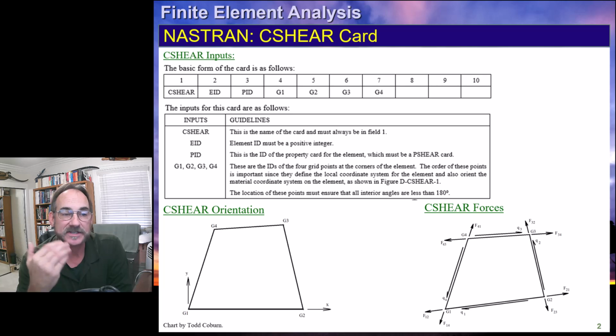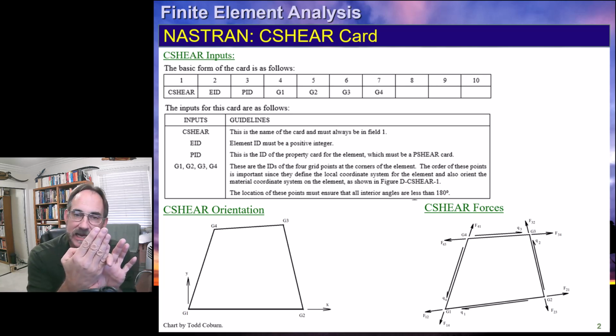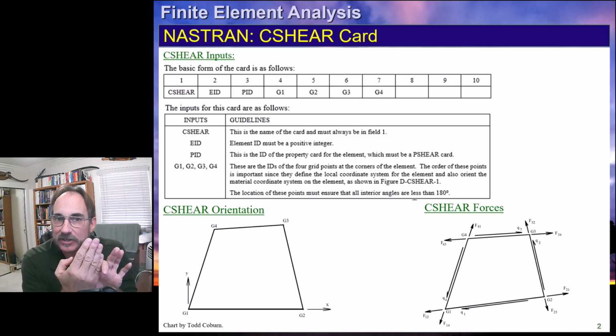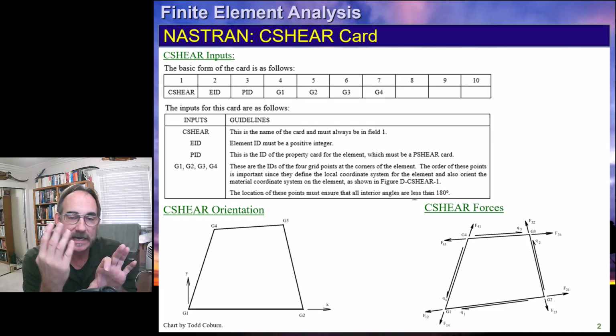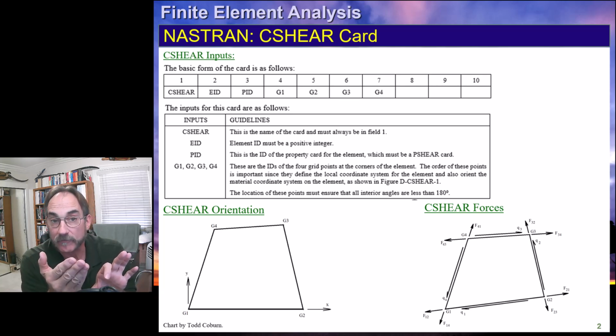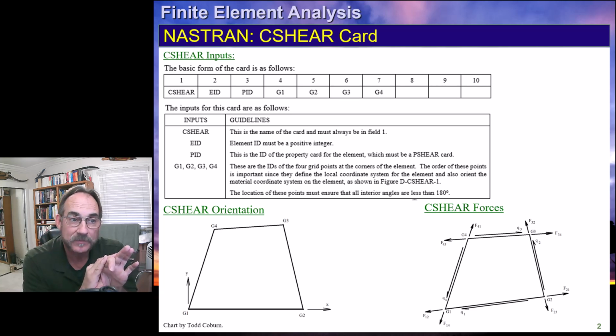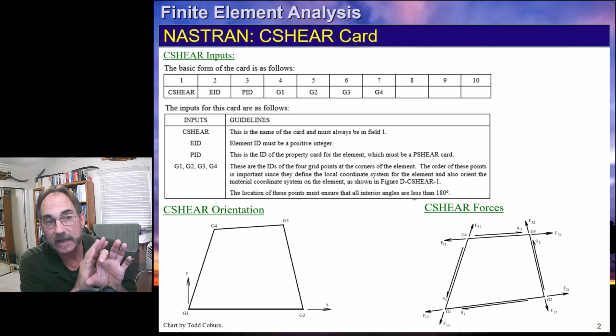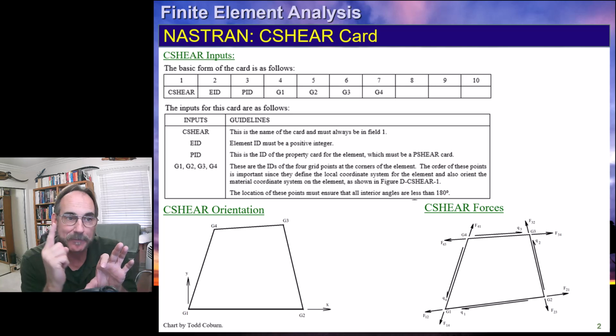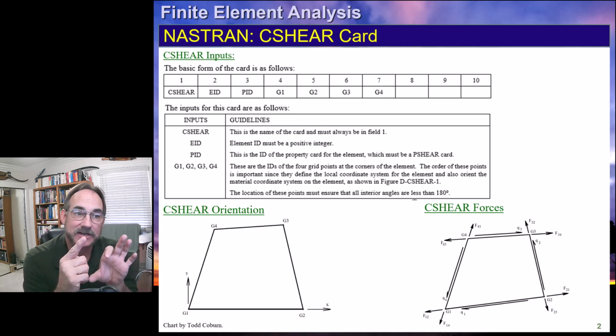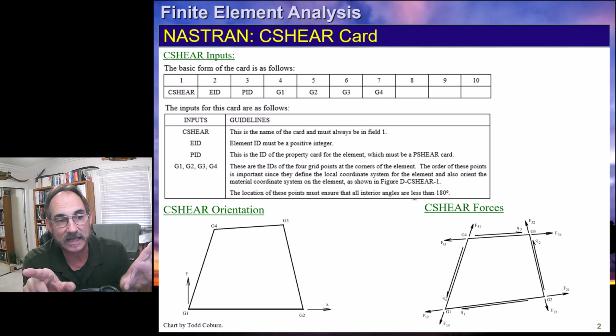So that's how those corner forces are defined. Now what this means is our shear flow is introducing a change in axial load in adjacent elements, and the way NASTRAN deals with that is it reports these corner forces as well as the shear flow. Now the corner forces are defined as being positive, acting in that directed line segment direction, which means they're always pulling away from the element.